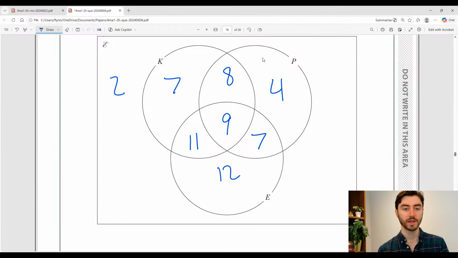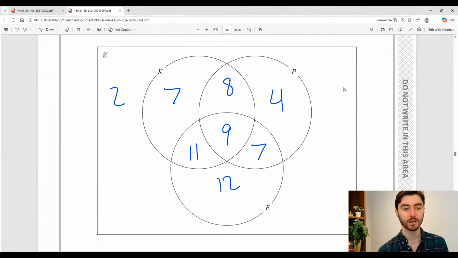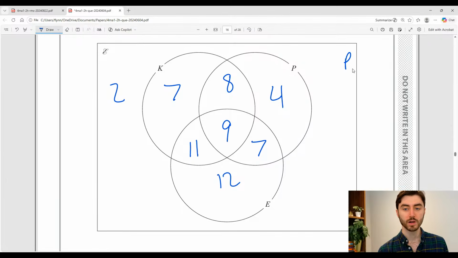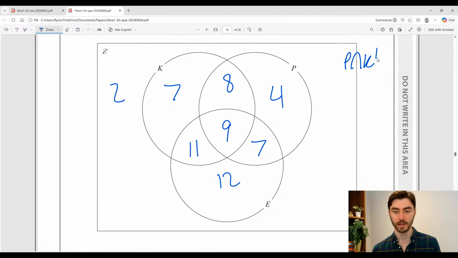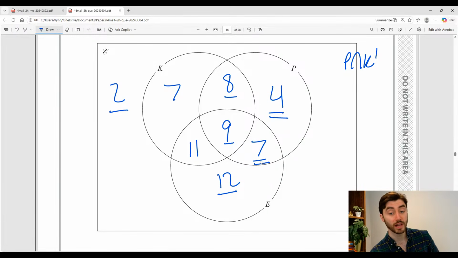So here, photography and not knitting, that's these two. If you want a rigid method to do this, my advice, if we're trying to do photography intersection not knitting, the underlining method would work like this: you underline anything in P, you underline anything in not knitting, and because these are the two that have been double underlined, these are the ones we want to include.